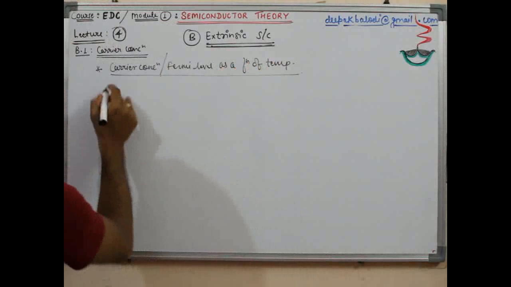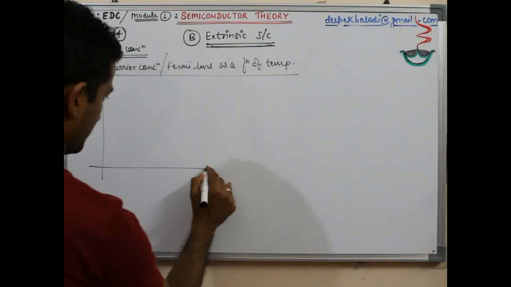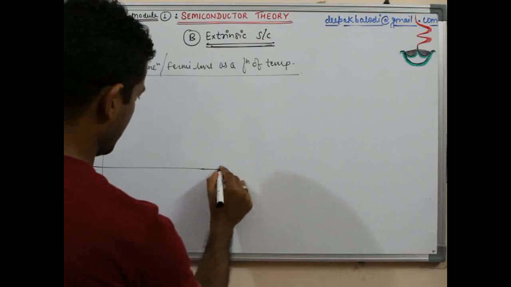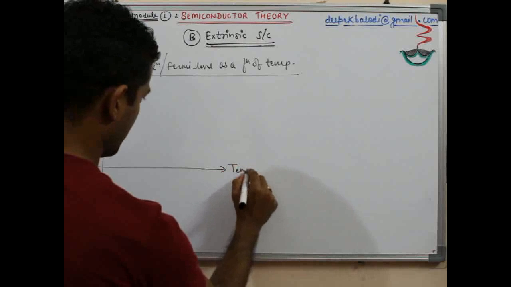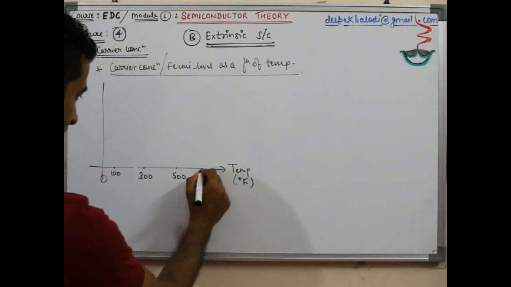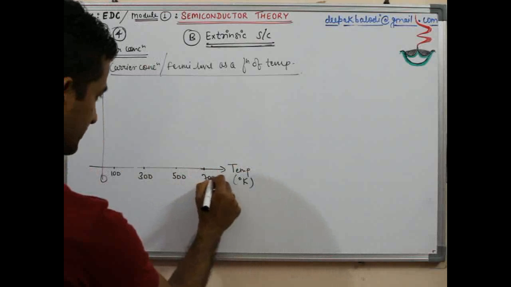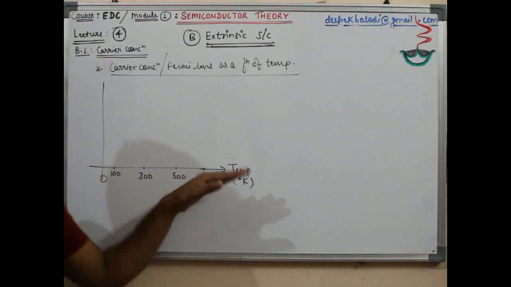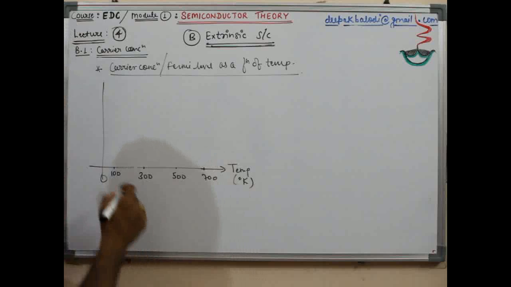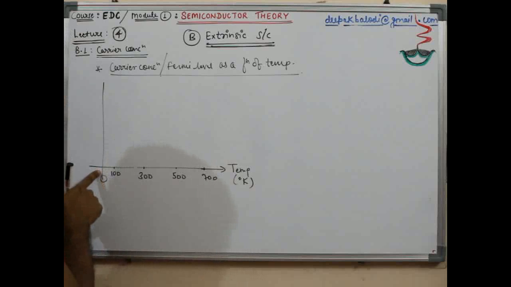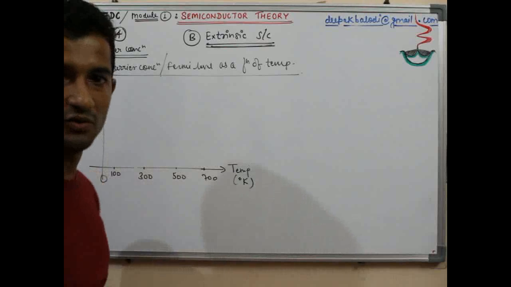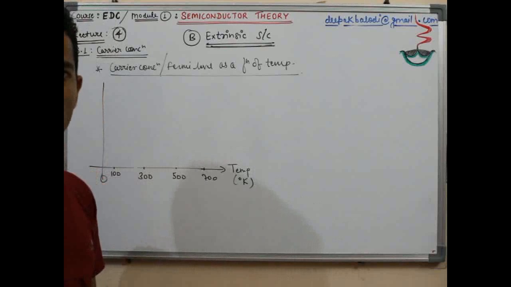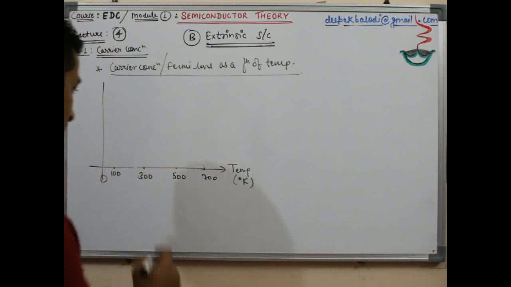What happens with intrinsic? Let us plot some figure here. Let's say this is 700. This is the scale of temperature. At 0 degree Kelvin everything is at absolute rest, there is no thermal agitation, and there is no intrinsic carrier concentration as well.